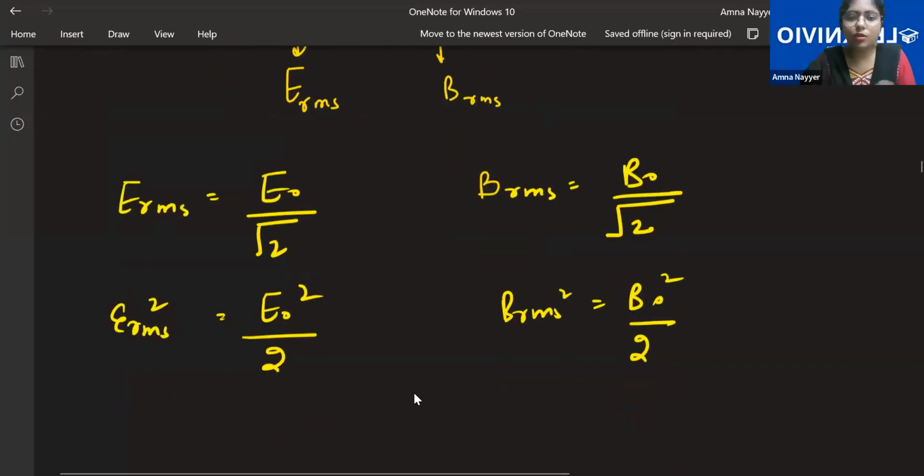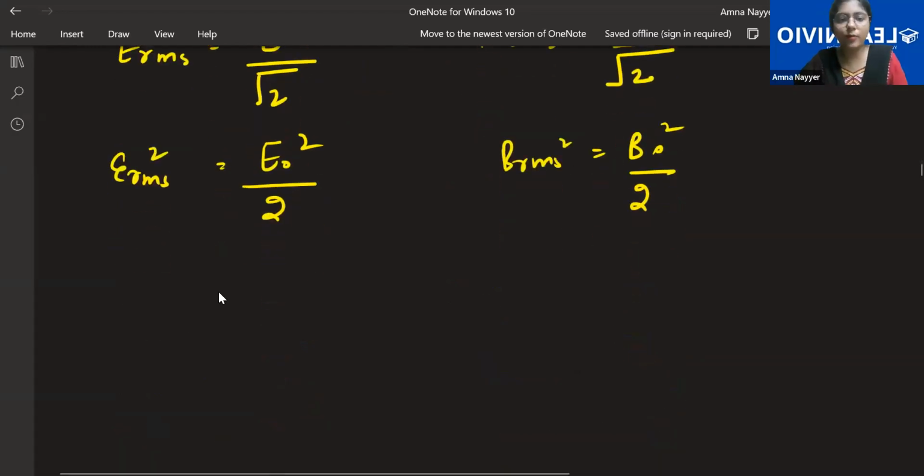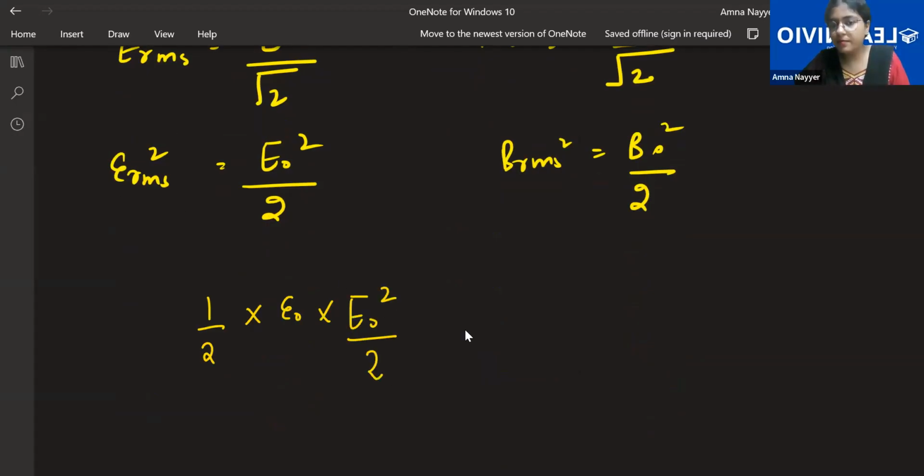So we know if we square this, E RMS square will be E naught square by 2, and B RMS square will be B naught square by 2. So if we write the squares, this will be half into epsilon naught into E naught square by 2, plus half into B naught square by 2 into 1 by mu naught.